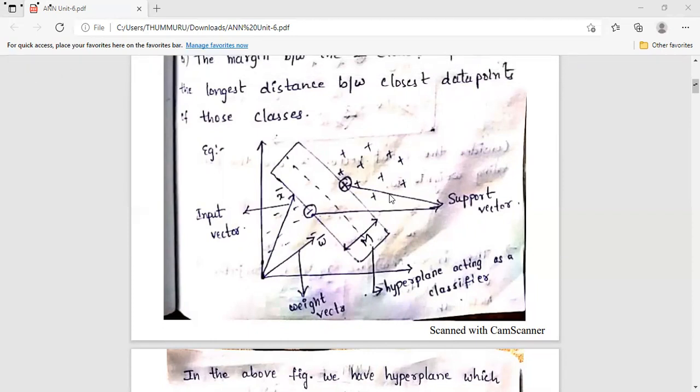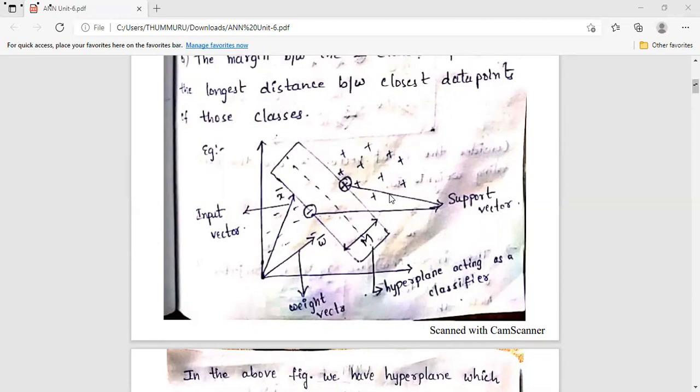If the margin is more, then there is a lot of gap between the two classes. If it is very less, then there is less space between these two points, and we can assess that. Also based on this we can draw an optimal hyperplane.